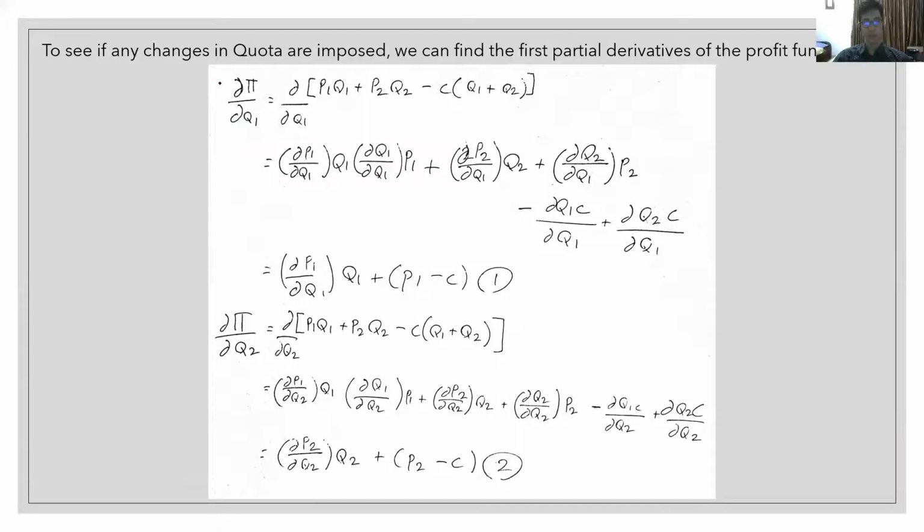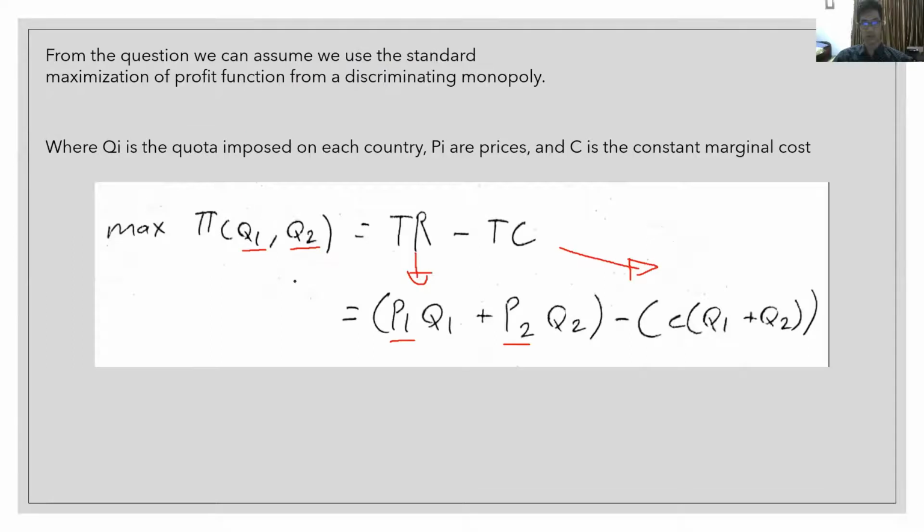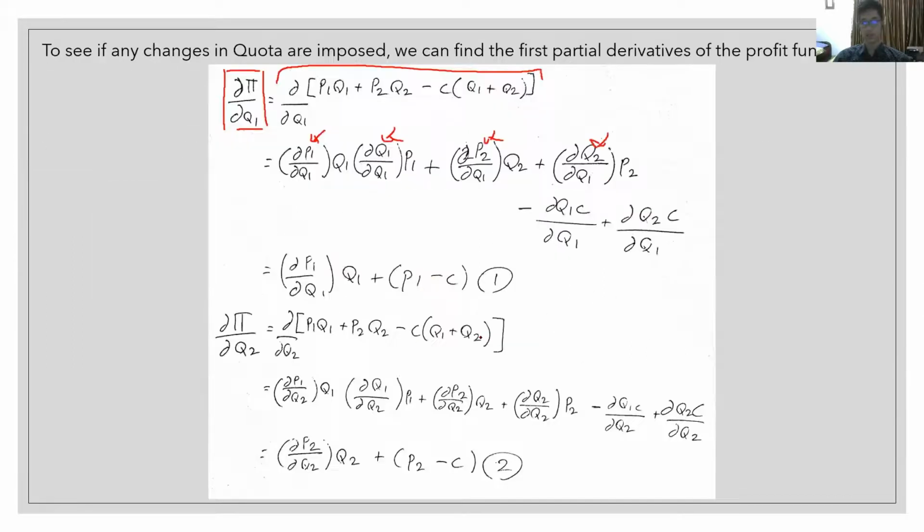So we need to differentiate the profit function with respect to Q1. Basically we differentiate everything inside the earlier function with respect to Q1.